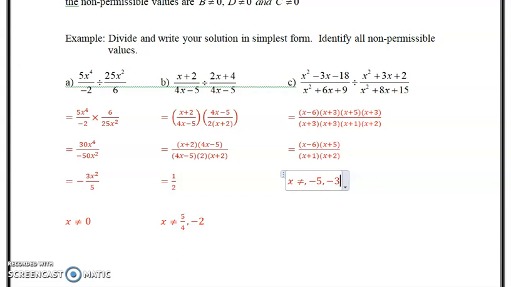You're seeing that the 3 is there actually 3 times, so we don't have to put that in, the -3, -1, and -2. So these all here in the denominator, and again, you don't have to write the number that's there twice, it's not necessary. Those are your non-permissible values. And again, we're going to use those more when we get to equation solving.